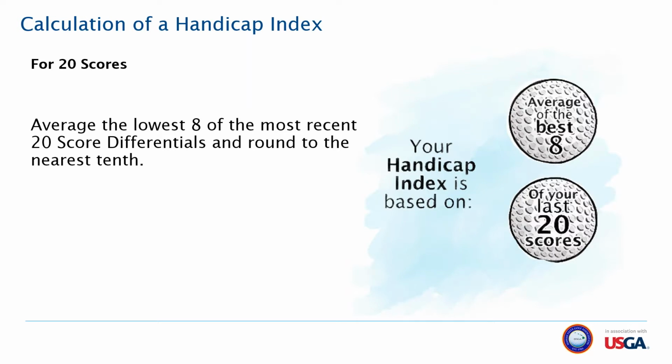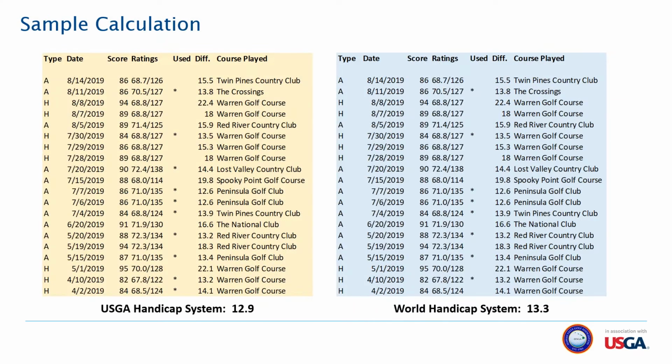Considering higher handicap players typically have more fluctuation within their scoring records, using this 8 of 20 will allow their best scores to weigh more heavily and to create more equity throughout the full range of handicaps. We've got a sample calculation here.